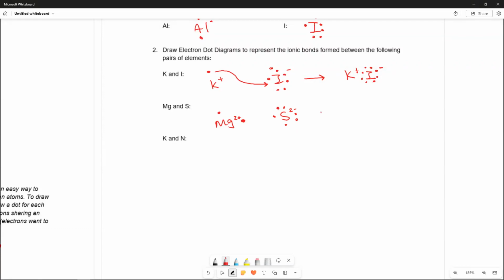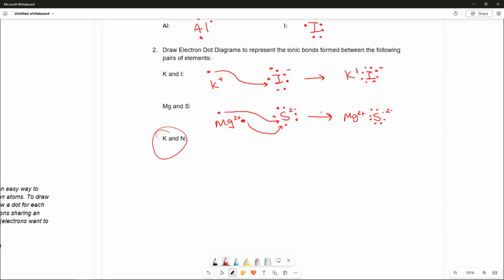So we're going to show this electron coming here and this electron coming here. Draw little pointy arrows if you want. I'm going to draw this. Mg, 2 plus. We draw full sulfur, full sulfur, and a 2 minus there.